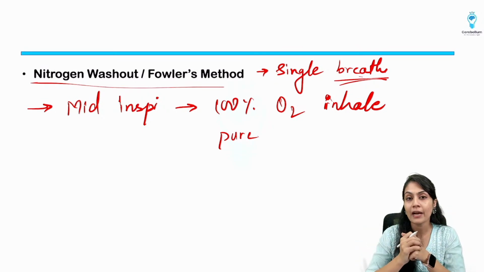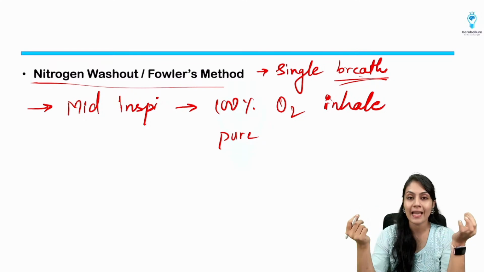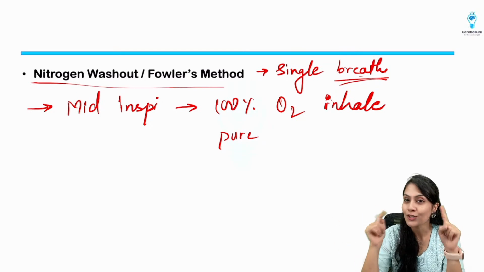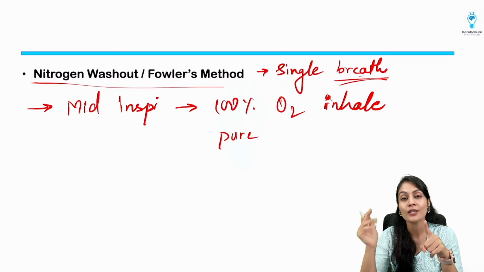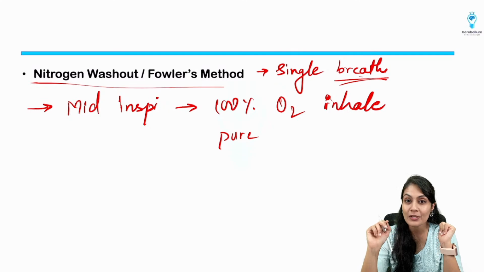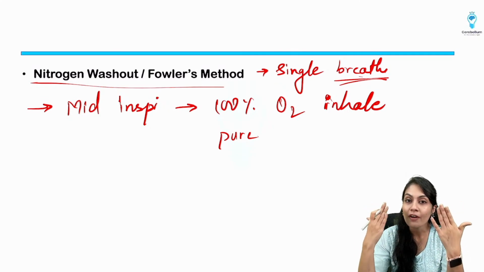One more funda that we have learned already: the upper airways are the conducting airways till the 16th generation, isn't it? That means there is no exchange, and if there is no exchange, the 100% oxygen is not going to get exchanged and will remain as it is. So when he starts expiring, from where is the air going to come first?